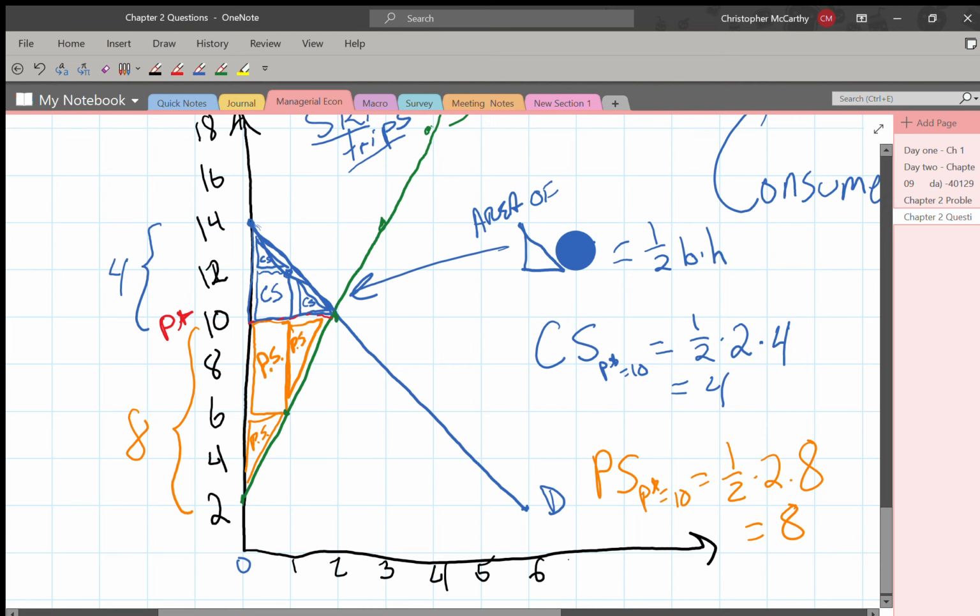And so lastly, we're asked, suppose that the demand is at D and supply is at S0. Would a price ceiling of $2 benefit any consumers? Would that benefit any consumers?